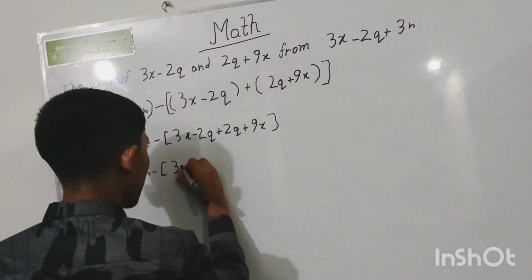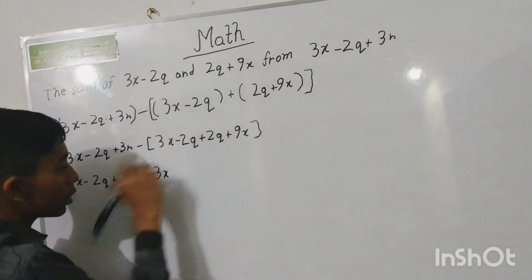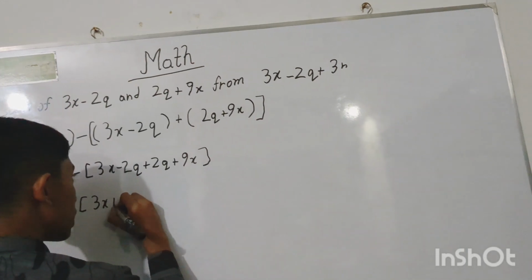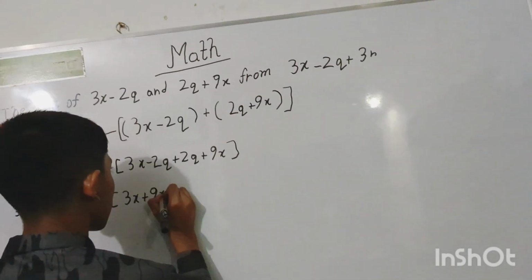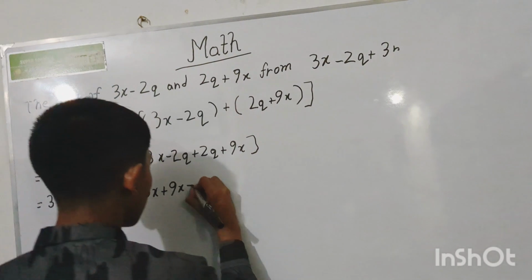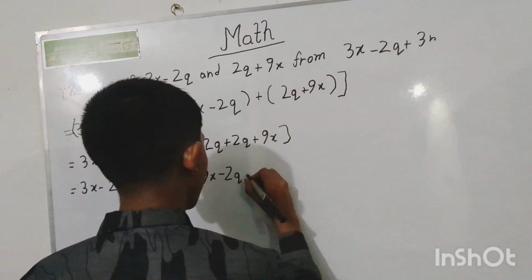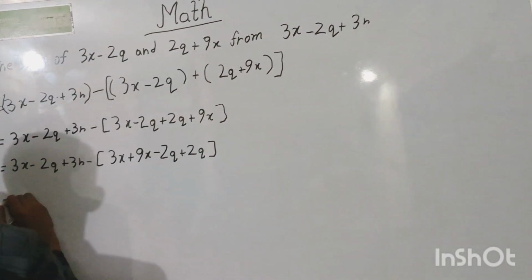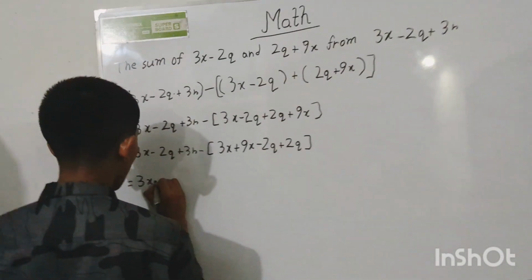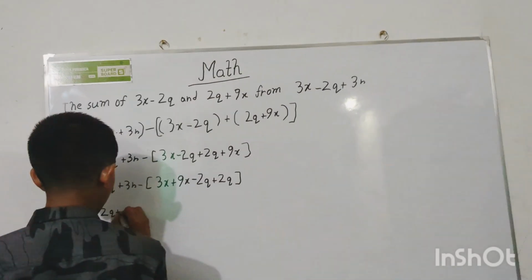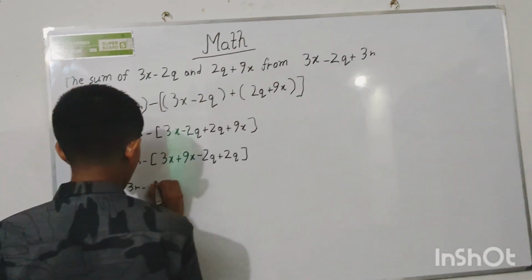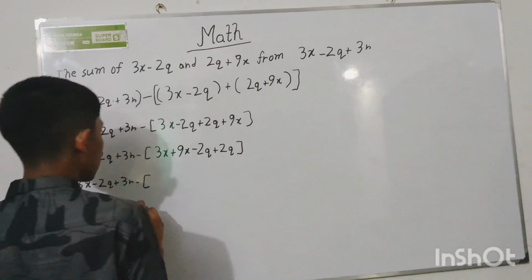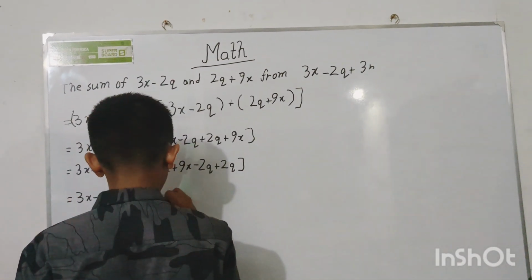I'll write 3x. Here is minus 2q, so I can't subtract this, but here is 9x. So I can take it plus 9x, and here is minus 2q, and here is plus 2q. Now 3x minus 2q plus 3r. 3x plus 9x equals 12x.